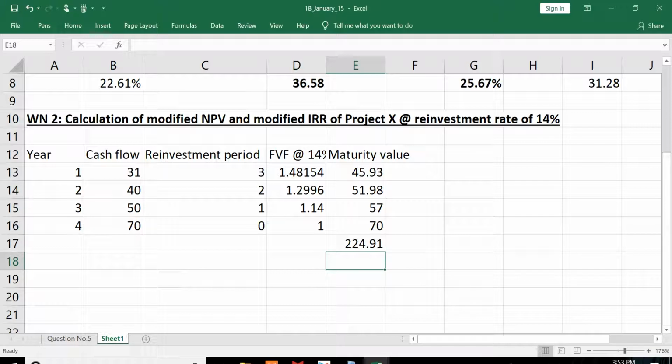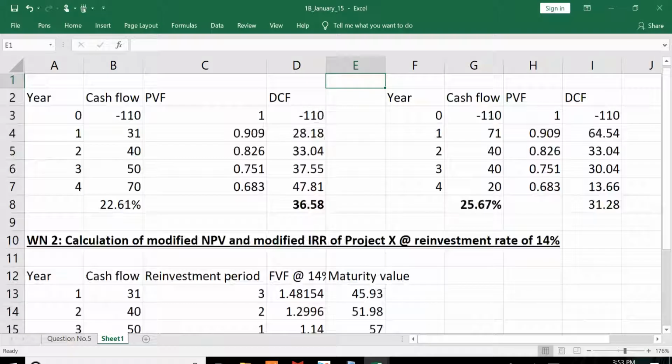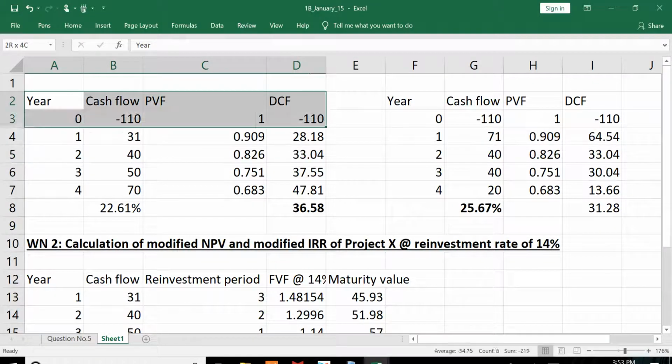That's all, nothing will come in between. This is what was done as realized YTM in bond valuation. We had done this as realized YTM. I will invest 110 and get back only 224.91.